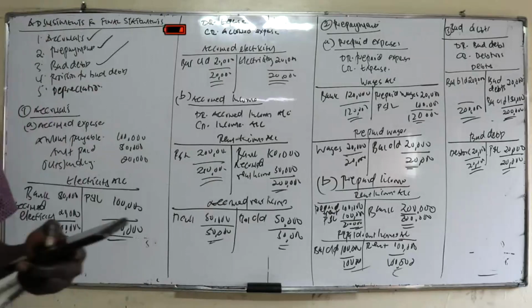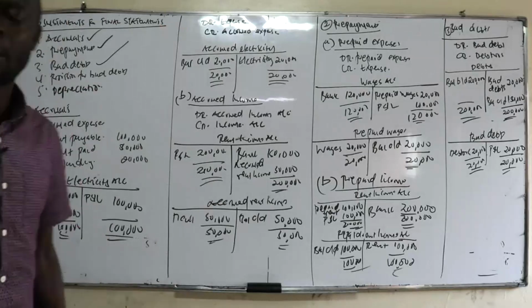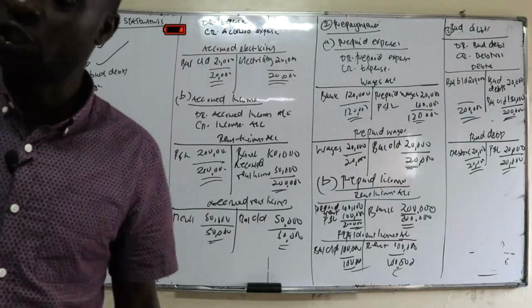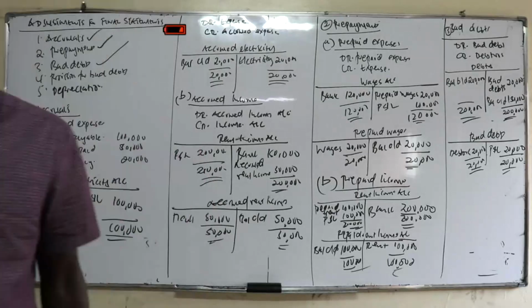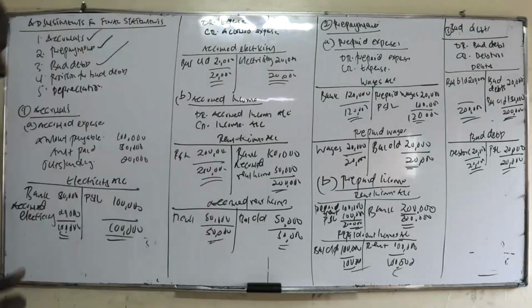You know kids, isn't it? So from your earnings, you set aside some amount of money to cater for their medication in case they fall sick. It doesn't mean that they're going to fall sick, but you have just set aside some money, just in case. That is what we call provision.